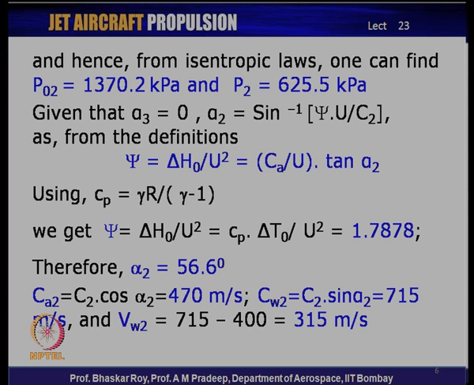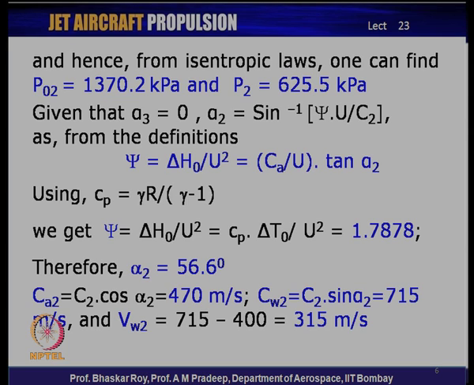Now, at station 3, it is given that the exit angle alpha 3 is 0, and it is prescribed that alpha 2 corresponds to sine inverse of psi u divided by C2.